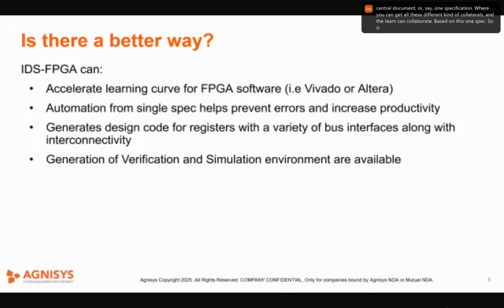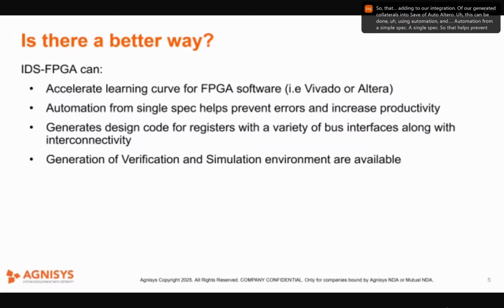So is there a better way to get rid of this headache? One thing that IDS-Fpga can do is accelerate the learning curve for FPGA software, adding to our integration of our generated collaterals into, say, Vivado or Altera. This can be done using automation from a single spec.